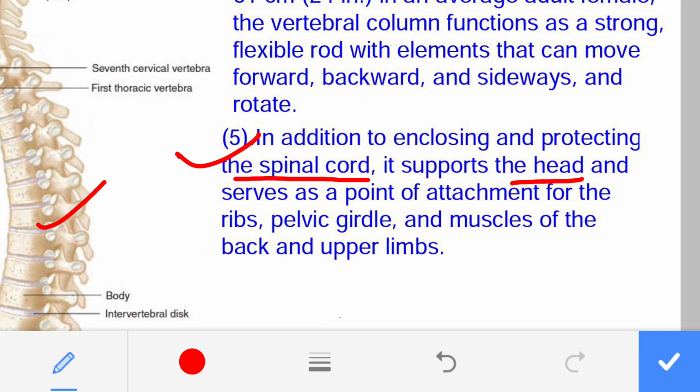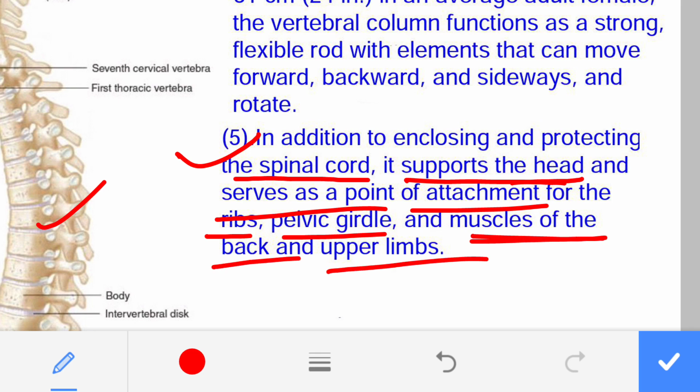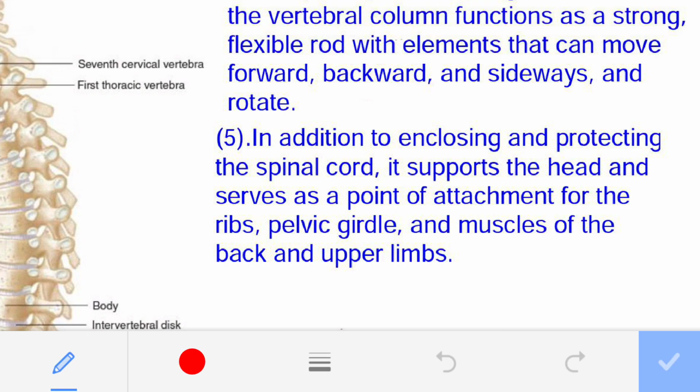The vertebral column also serves as a point of attachment for the ribs and pelvic girdle. Some of the muscles of our back and ribs are also attached to the vertebral column. So this is the fifth point, you can go through it also.